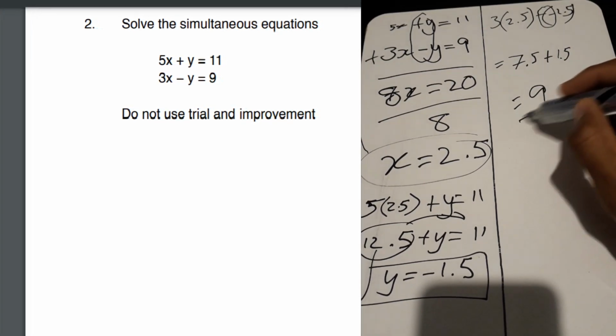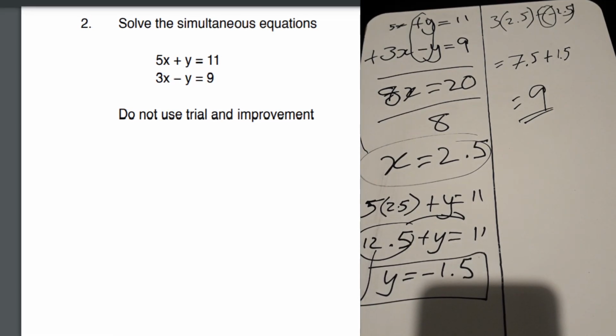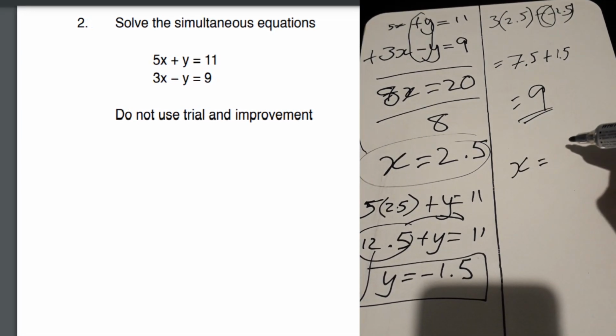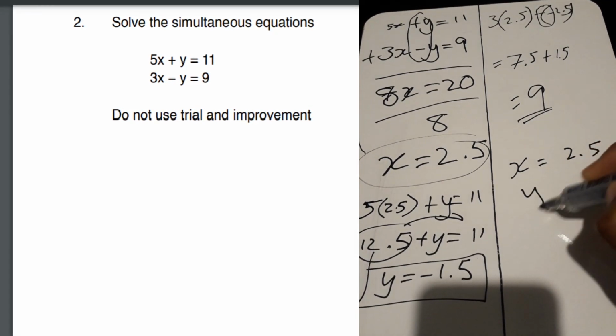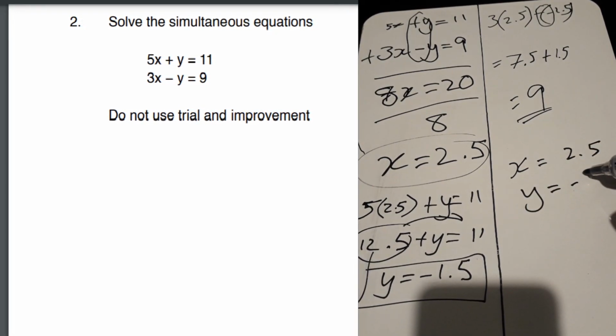So these are right. So our x equals 2.5 and our y is equal to negative 1.5.